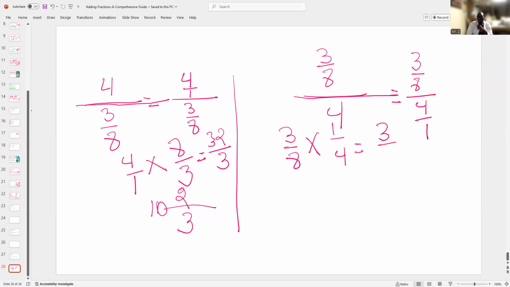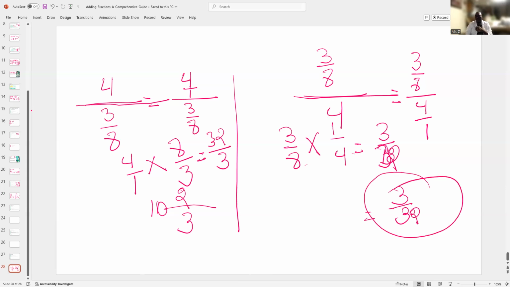Once you flip that, 4 goes on the bottom, 1 goes on the top. 3/8 divided by 4, 1 times 3, 8 times 4, 32. So now you have a 3 over 32. What kind of fraction? This right here, it's a proper fraction.